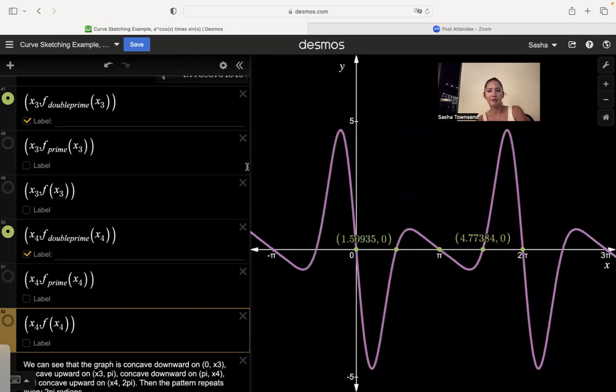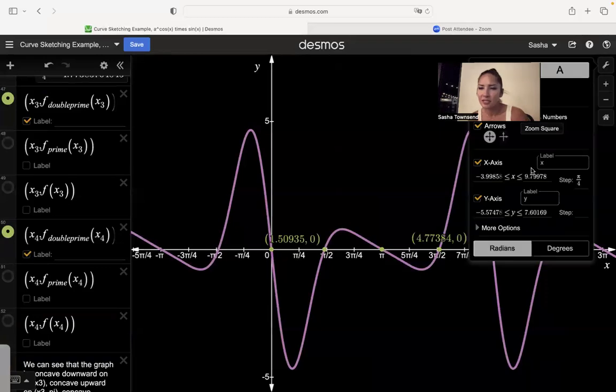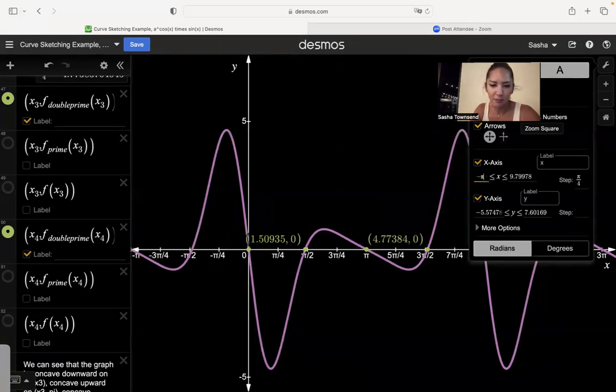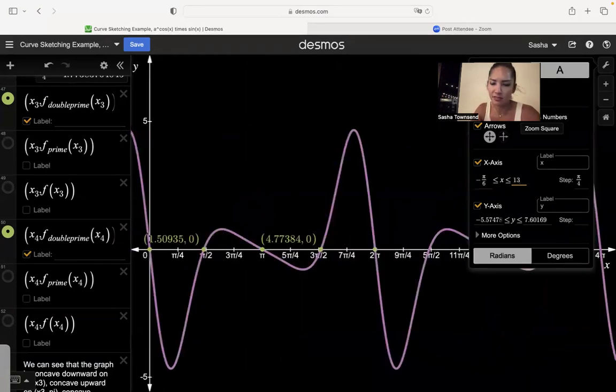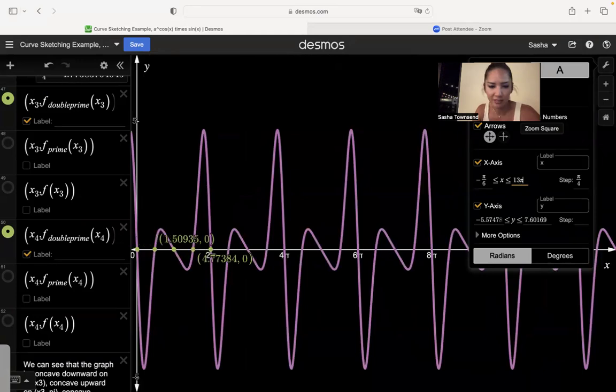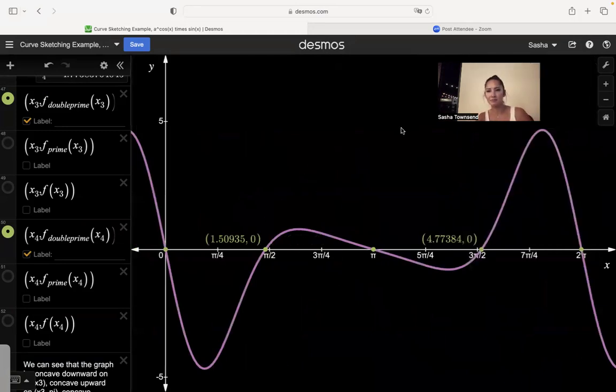Okay, so now what I want you to focus on, and actually let's change the domain, essentially. We know the domain is all real numbers, but we just want to look at the part of the graph between negative pi over 6 and 13 pi over 6. So basically I'm focusing on 0 to 2 pi, but I want to add pi over 6 in either direction just to make it clear that the function actually repeats.